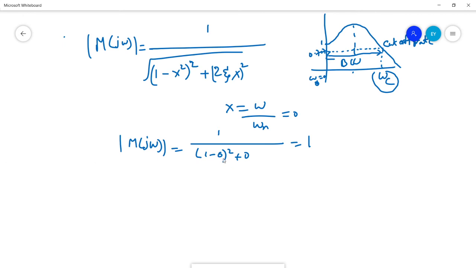Now we calculated at 0. Now we need to calculate the magnitude at 0.707.